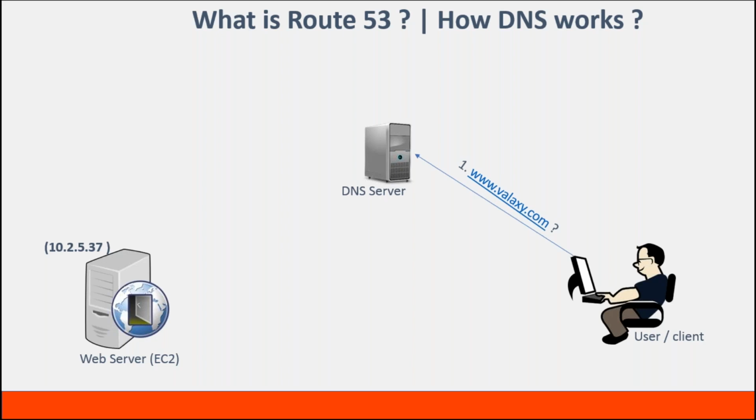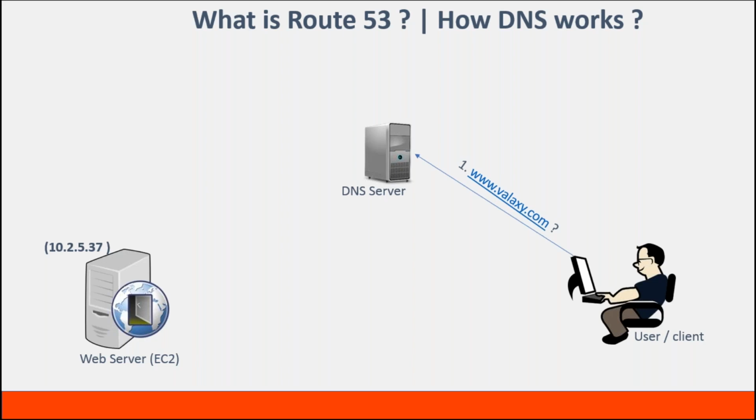That is how you need to configure the DNS servers. Whenever the request comes in, it checks the details and gives the IP as an answer back to the client. That is how the DNS servers work, right?